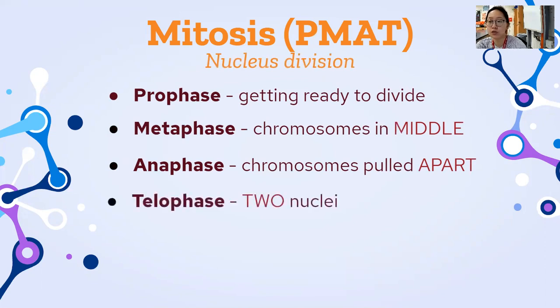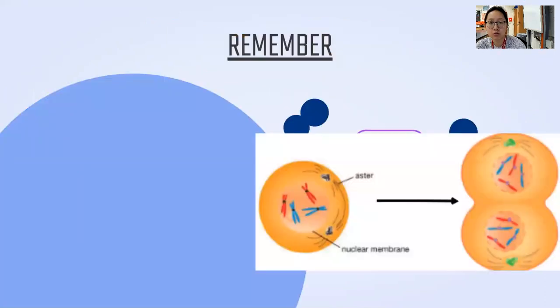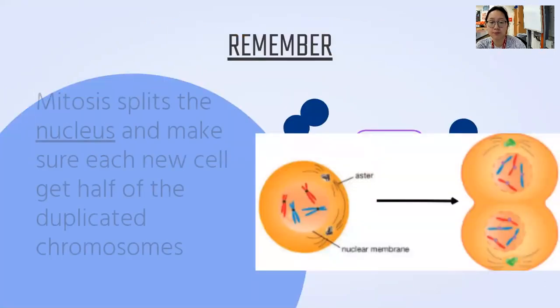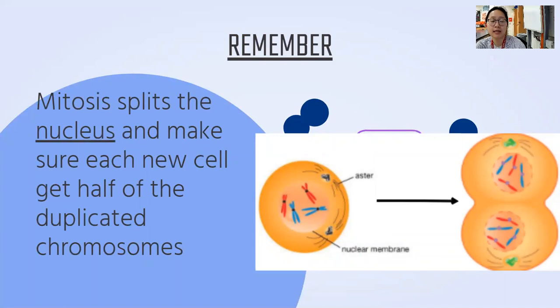And telophase is where you see 2 nuclei reforming. The membranes are reforming for the nuclear membranes. And then afterwards, you're going to have them actually split. So remember, like I keep saying, mitosis splits the nucleus, so that every cell, when it's dividing into 2, will have a whole nucleus with the correct amount of chromosomes.